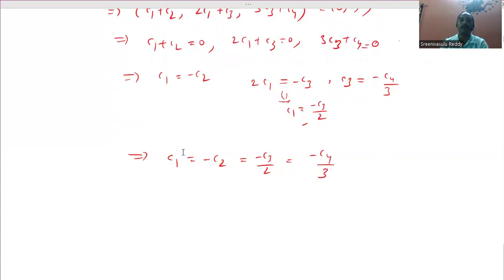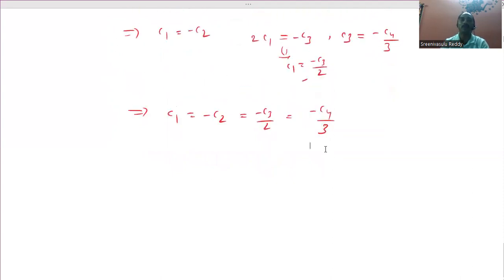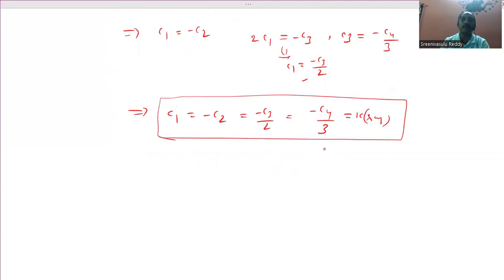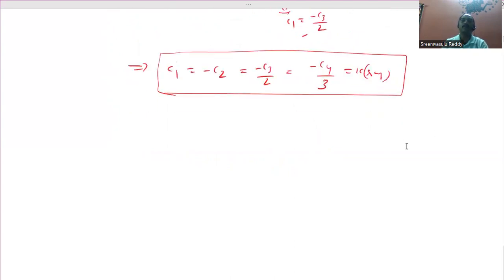Now, if the C1 value is 1, then the C2 value becomes minus 1, C3 becomes minus 2, and C4 becomes minus 3. Therefore, every value equals a multiple of K, where K is some constant. Take any K equal to 1, 2, not necessarily 0. So, therefore, there exists a non-zero scalar. Let K equal 1.